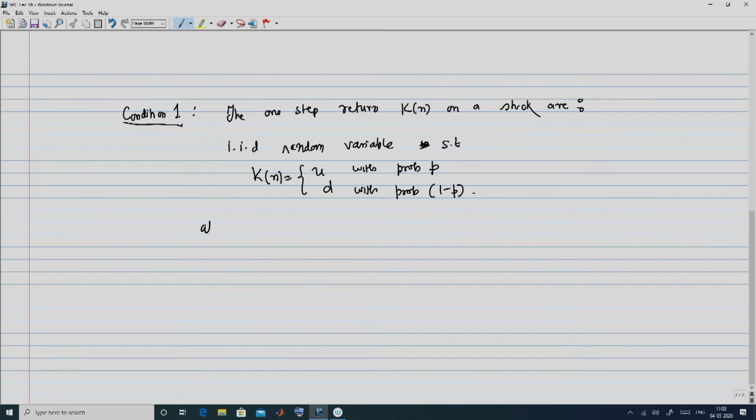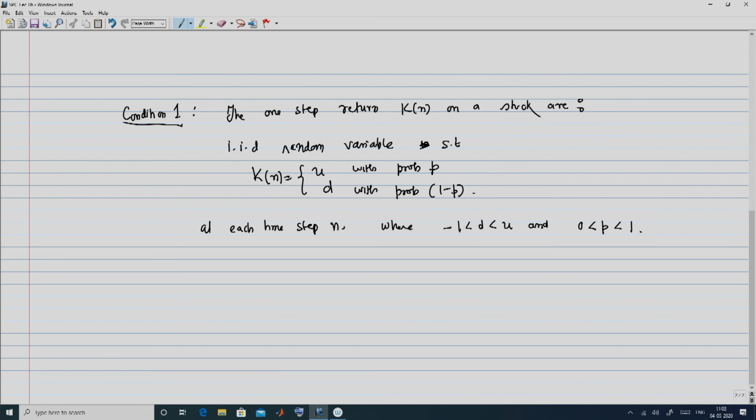So, now this will happen at each time step n, where I need to put these conditions. One of the conditions would be minus 1 less than d less than u, and the second is 0 less than p less than 1.